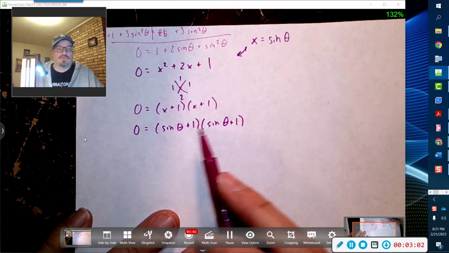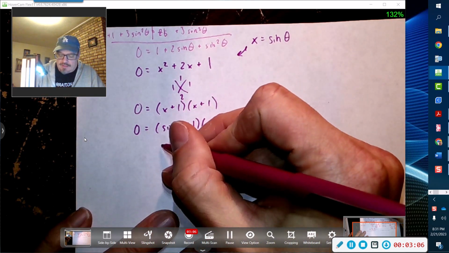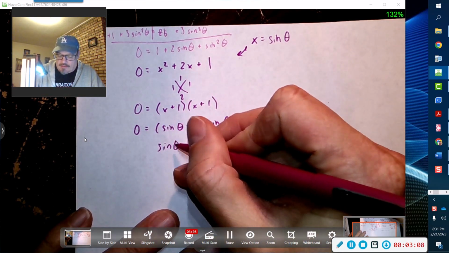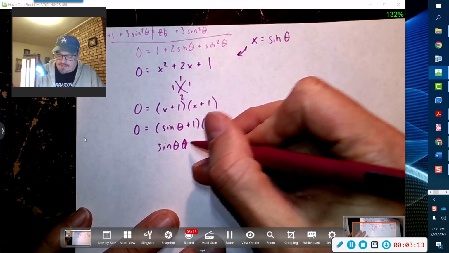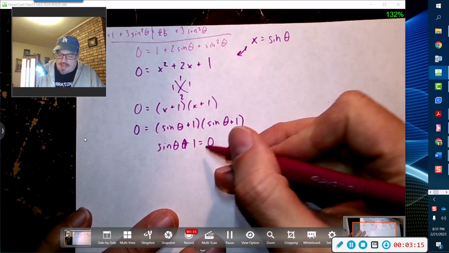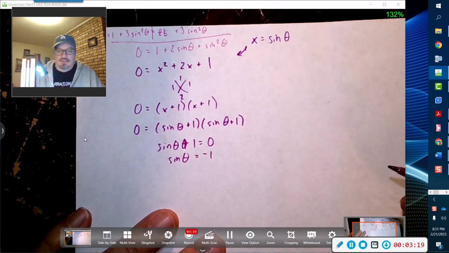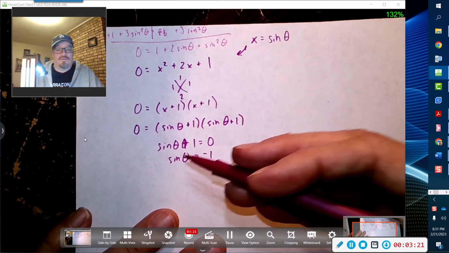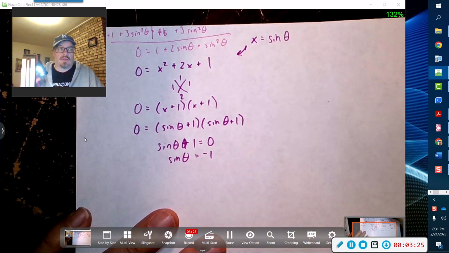So there's no need to write my answer twice. Okay, so what we're going to do is just have this guy here: sine theta plus 1 equals 0. And we're going to move the 1 over to the other side. And so now we just want to find what values of theta have a sine that will give us -1.